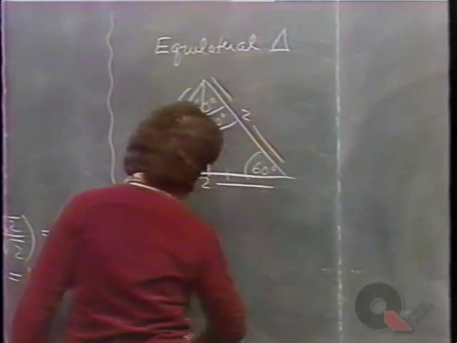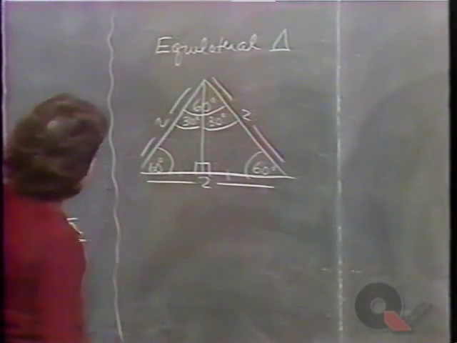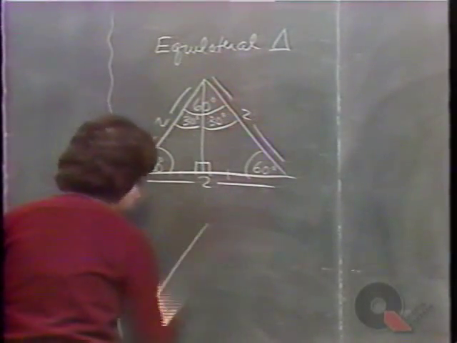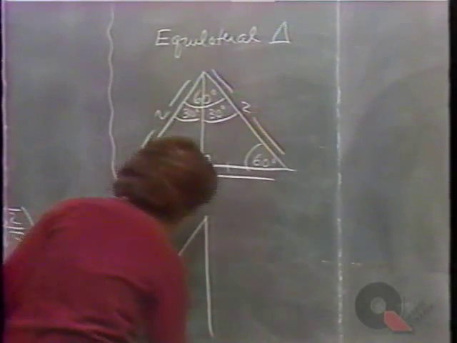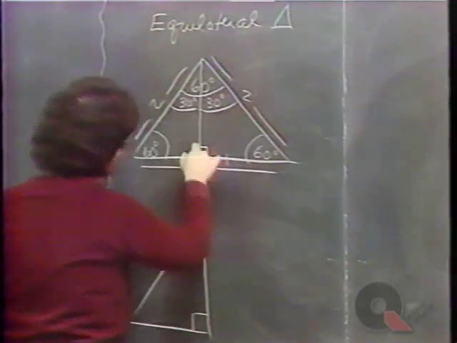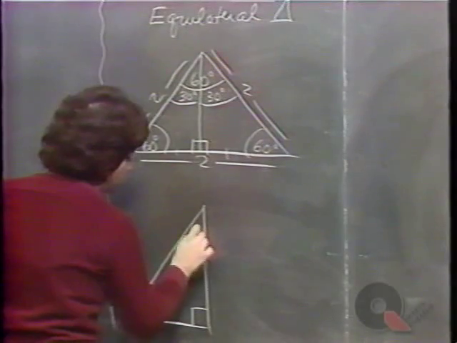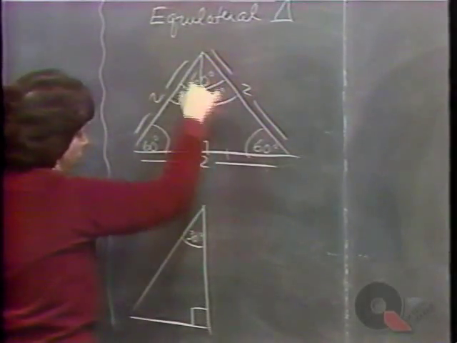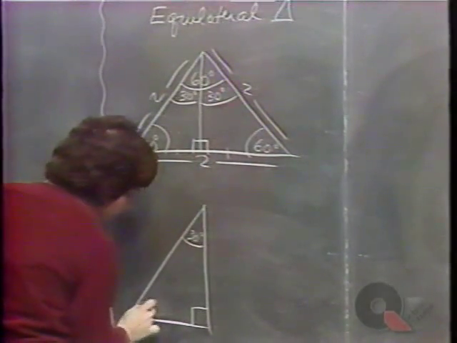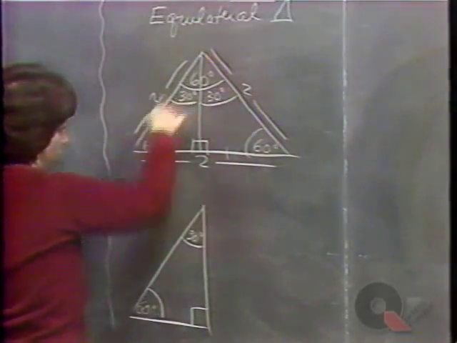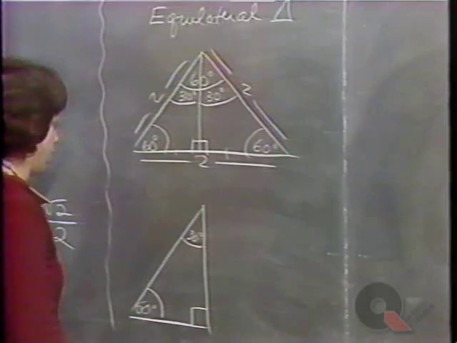Okay, let us clear up this picture a little bit. Let us just copy down the triangle on the left. Let's see what we have. We have the right angle from here. We have a 30-degree angle here, because it's half of the 60-degree angle. We have a 60-degree angle here from the original 60-degree angles of the equilateral triangle.